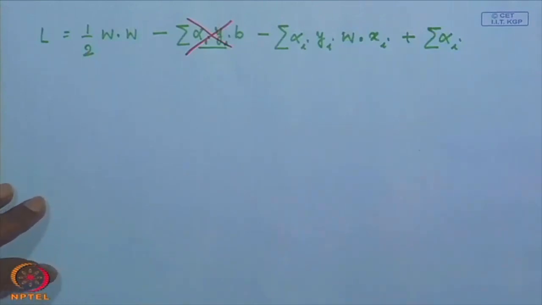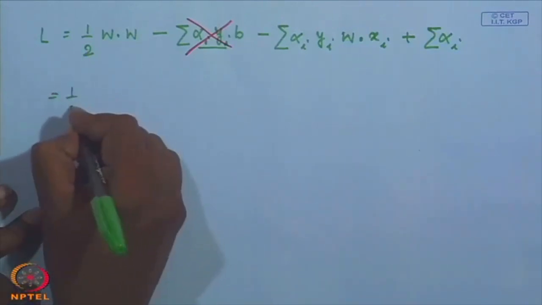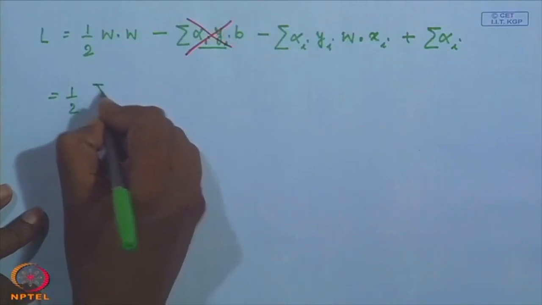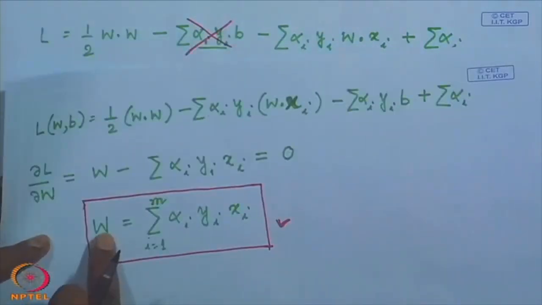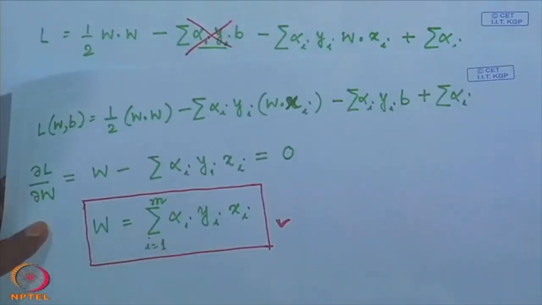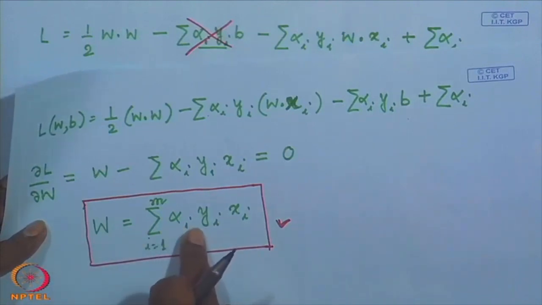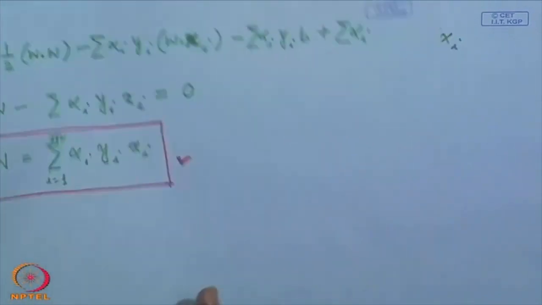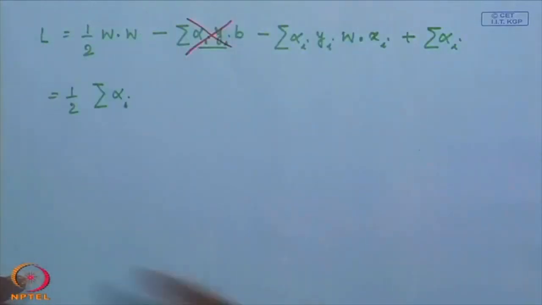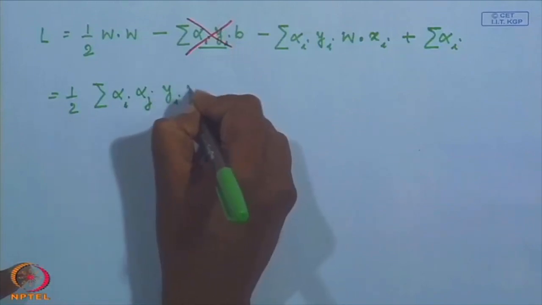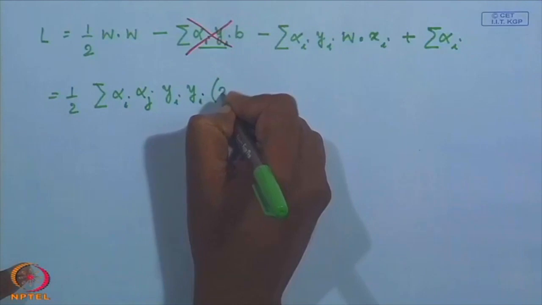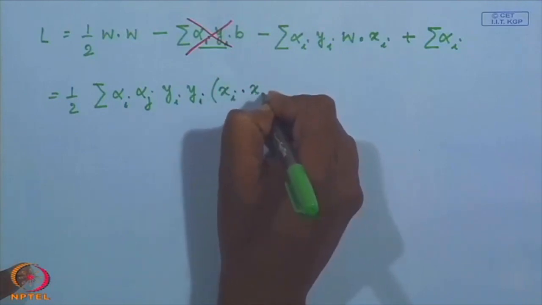this will be simply half of the summation of alpha_i, because I have the term w dot w, the dot product of the weight vector with itself. So, I have to have two different subscripts over here, one i, the other one I will put as j. So, this will simply be alpha_i alpha_j y_i y_j into x_i dot x_j. This is a dot product.